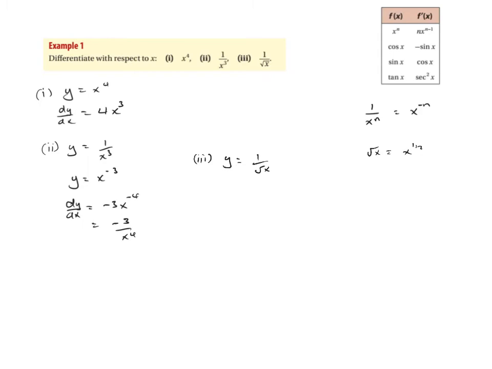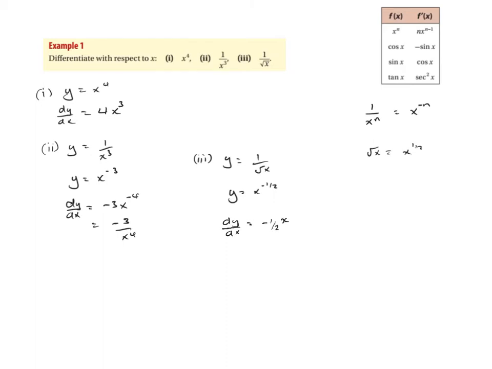So instead of being x to the half, it's going to be y is equal to x to the minus a half. So notice again, what we've done is we've used our laws of indices to get it into a form that we can differentiate, which is this top one here. Okay, I'm now going to differentiate it. So dy/dx is equal to, bring down the power, minus a half.